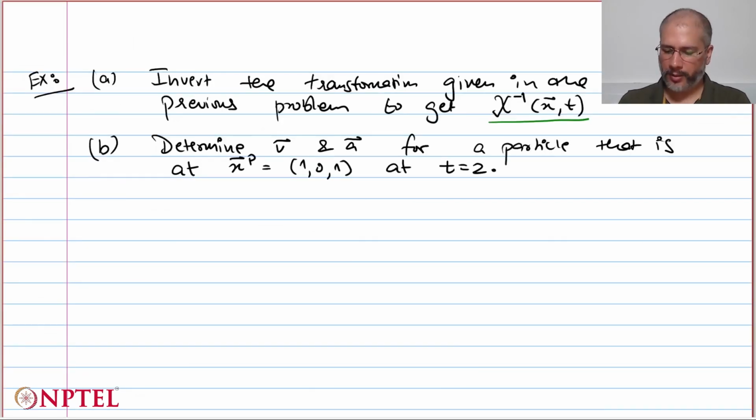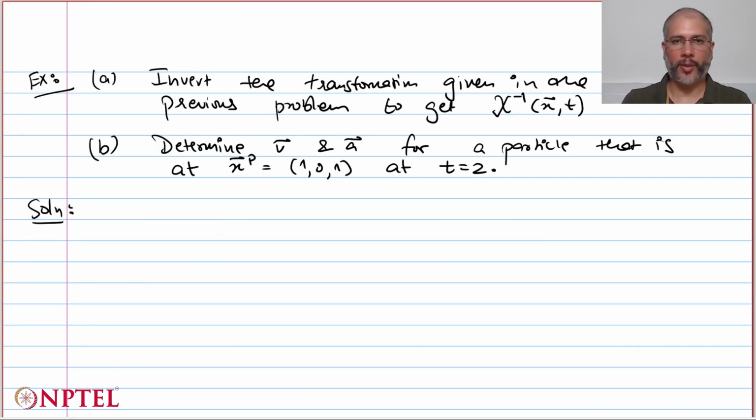And part B asks us to find the velocity and acceleration of the particle that is at this spatial position, that is, the particle sitting at this point (1, 0, 1) at t equals 2.